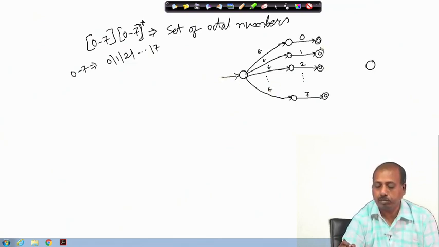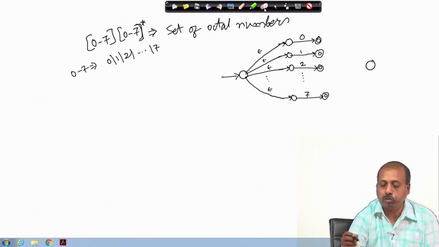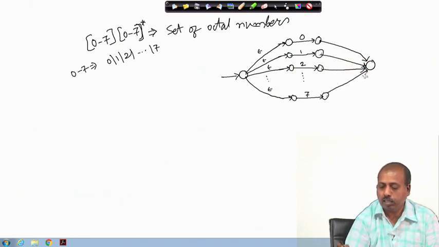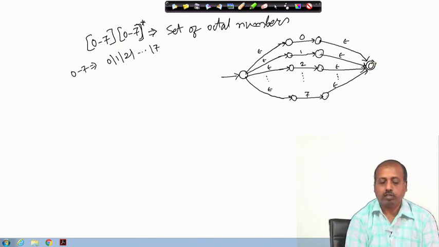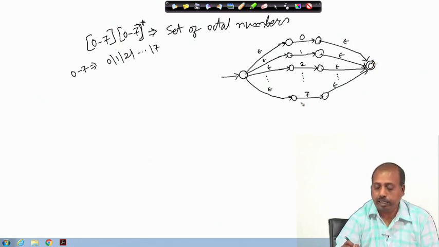The states that we had will no more be final states; they will be normal states now. Then from here we will have to add epsilon transitions to the final state, and this is a final state. This way we have the NFA corresponding to 0 to 7.